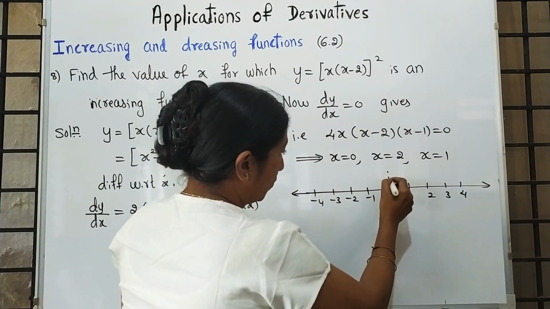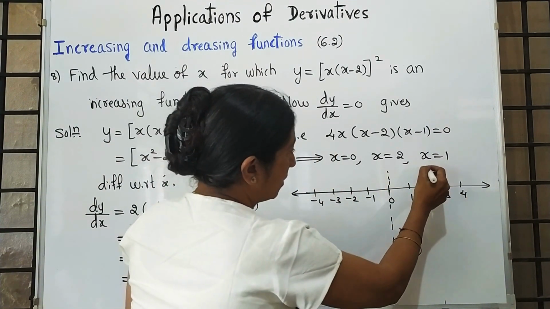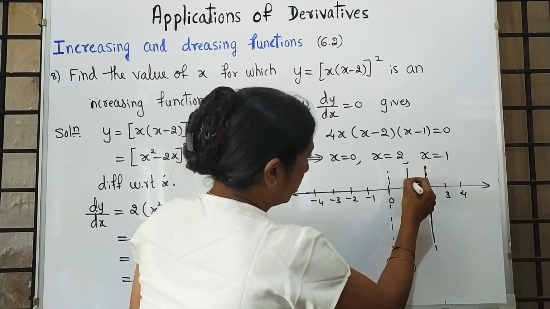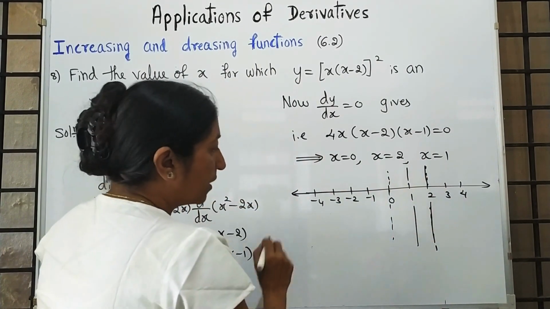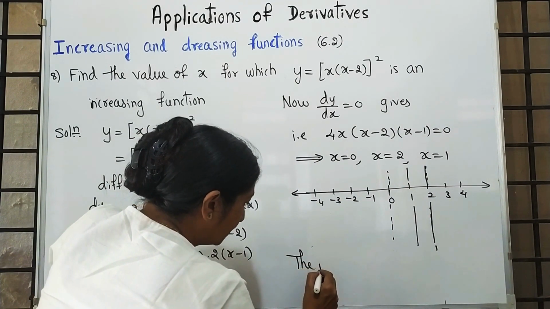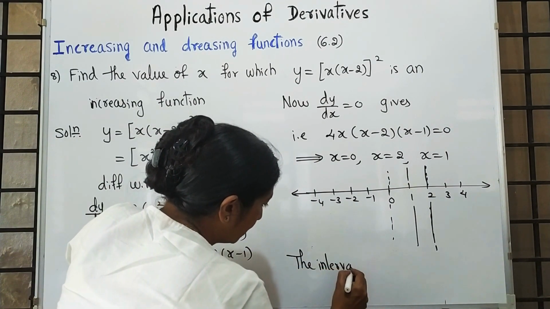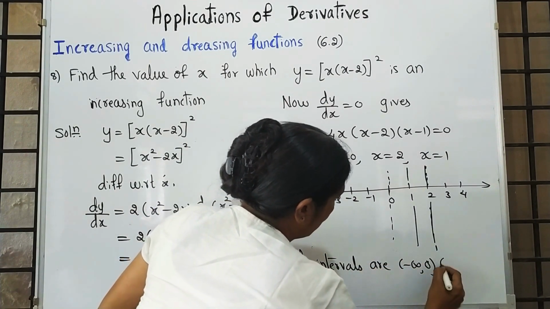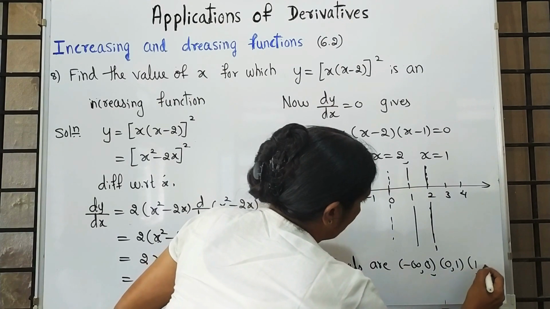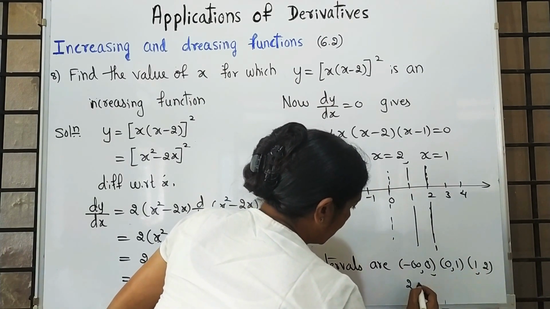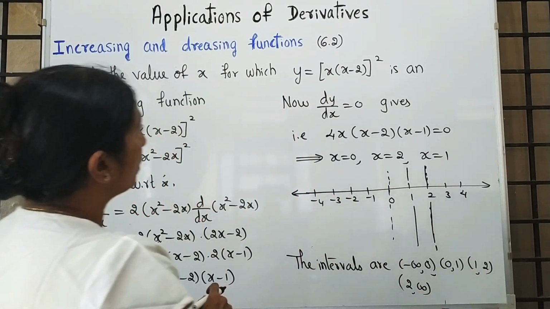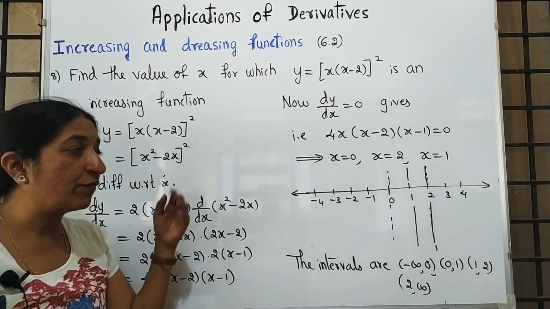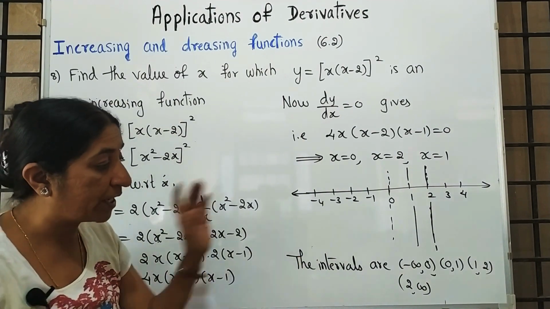First we have to mark it on the number line. So x is equal to 0, then x is equal to 1, after that x is equal to 2. See, the intervals are minus infinity to 0, 0 to 1, 1 to 2 and 2 to infinity. So even though the question is find the value of x, first I will make a table, and after writing a table I will tell you how to write the answer.